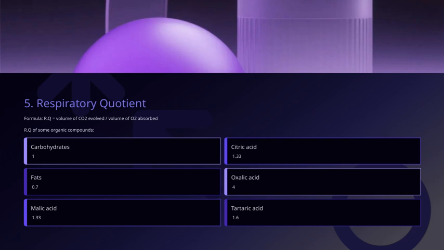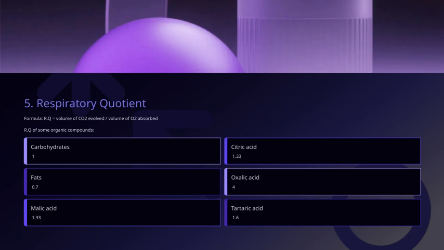Malic acid has a lower RQ of 0.7, meaning it consumes more oxygen compared to the carbon dioxide produced. Fats have an RQ of 0.7 as well, which reflects their high oxygen requirement during oxidation. Carbohydrates, on the other hand, have an RQ of 1, showing a balanced ratio of CO2 produced to O2 absorbed.